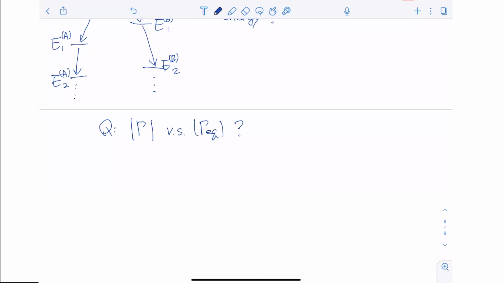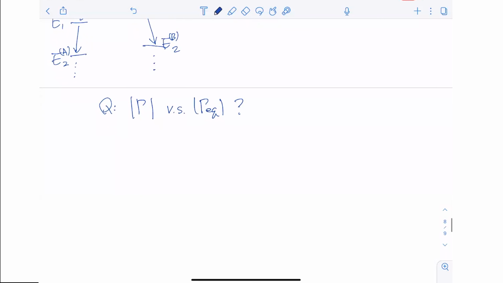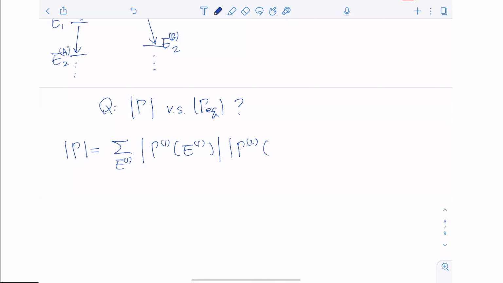So let's try to build this connection by doing the following. Let me rewrite what we already had above about how we calculate the total accessible volume of the phase space. Basically, we need to sum over all the possible configurations of the allowed energy of our system 1.